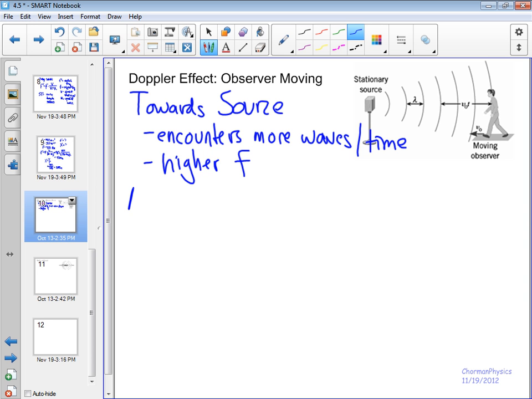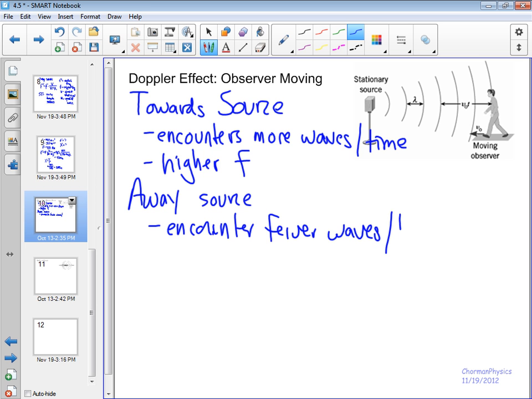Moving away from the source, the observer is going to encounter fewer waves per second, and a lower frequency or pitch will be observed.